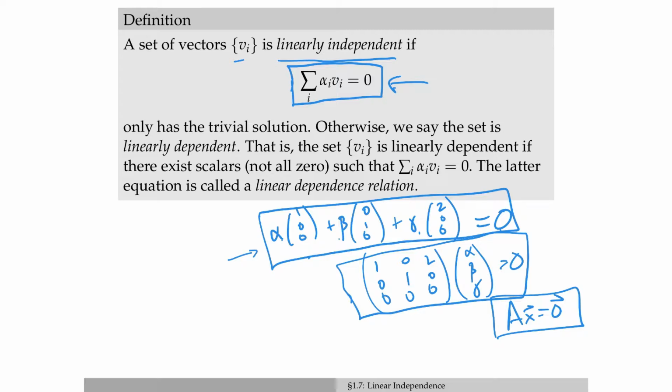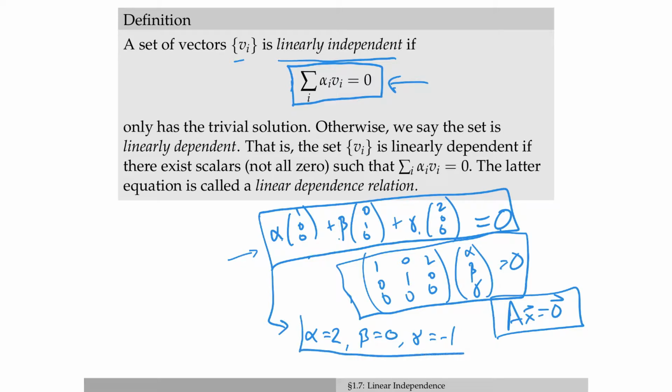Yep, it sure does. Let's see here. How about we set alpha equal 2, beta equals 0, and gamma equal -1. Well, that's going to give me 2 plus 0 minus 2, which is 0. It'll give me 0 plus 0 plus 0, and then 0 plus 0 plus 0.